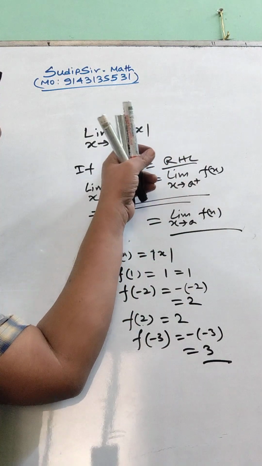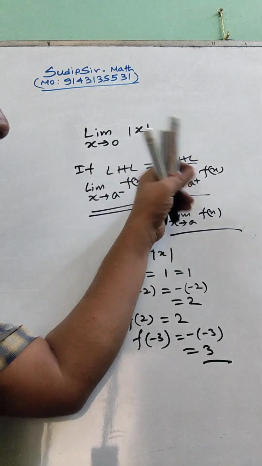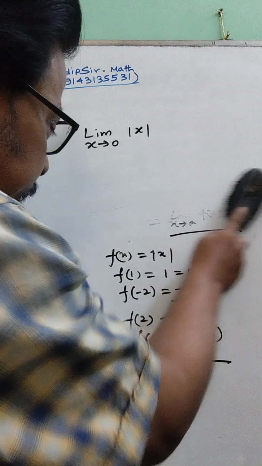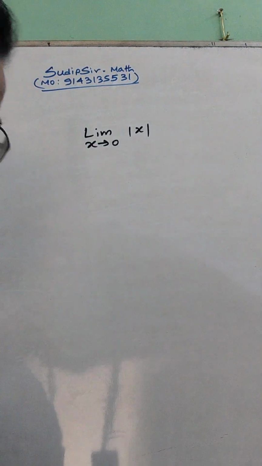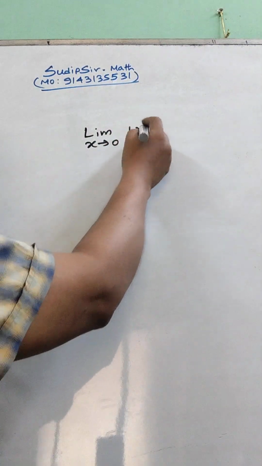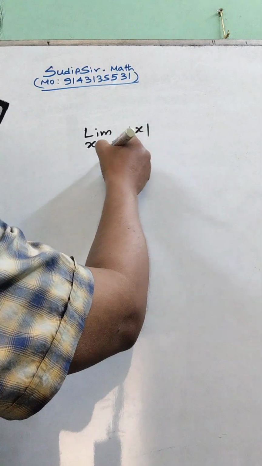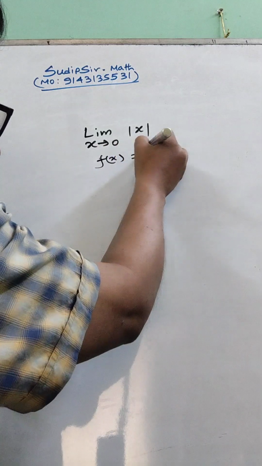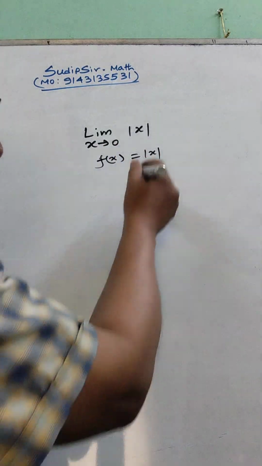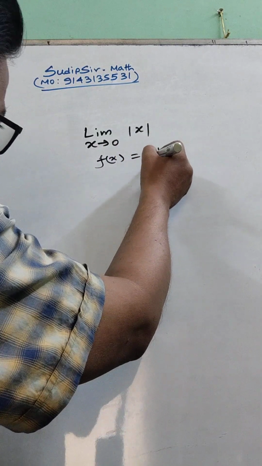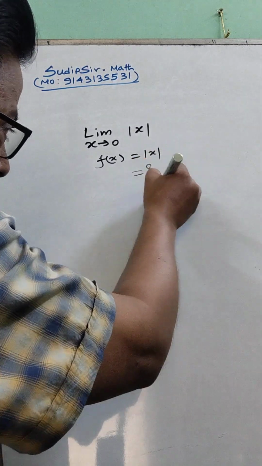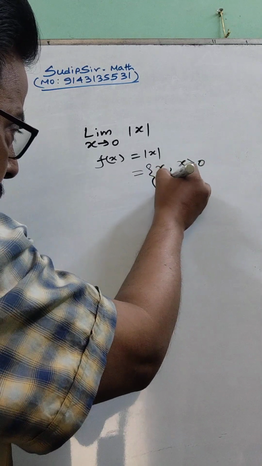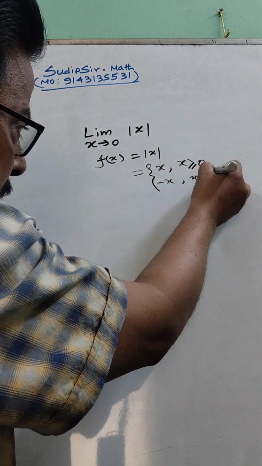Now for this function, we will check LHL and RHL. Say f(x) is mod x. Now this mod x can be written as x when x is greater than or equal to 0, and minus x when x is less than 0.